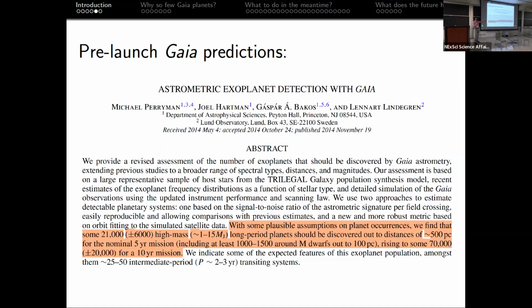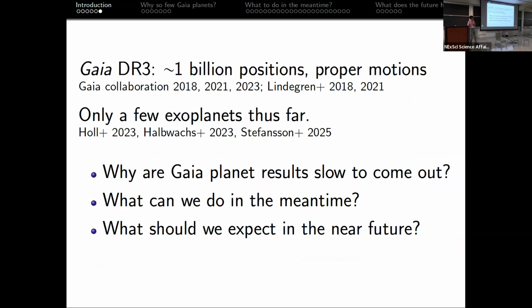At this point, we haven't seen that yet. That's not to say Gaia is a failure, not in the slightest, and it's certainly not to say it's a failure for exoplanets, but I want to give you a sense of why it is that despite the 6,000 planets predicted in a 5-year survey, we currently have, depending on exactly how you're counting, a handful. If you're talking confirmed ones that were first discovered astrometrically, it could be as low as 1.